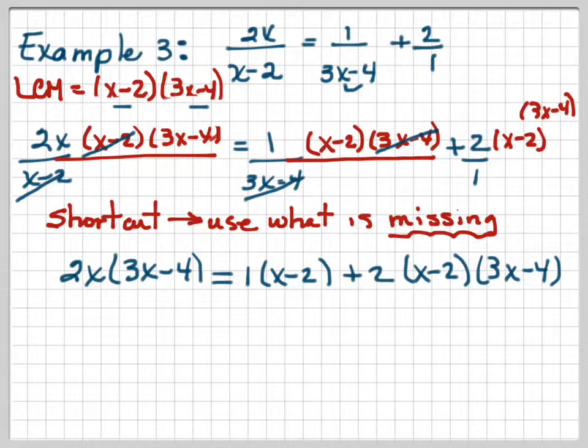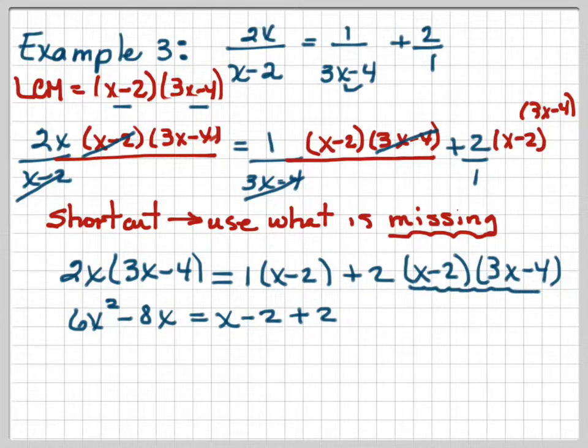So now it's a matter of just using some arithmetic to put this together. I'll have 6x squared minus 8x on the left-hand side. Distribute the 1, x minus 2. And I'm going to keep my 2 out, and multiply my two binomials by using FOIL.